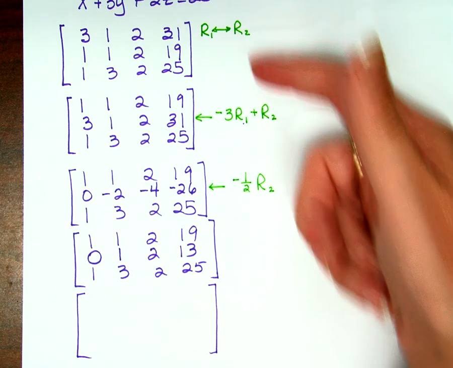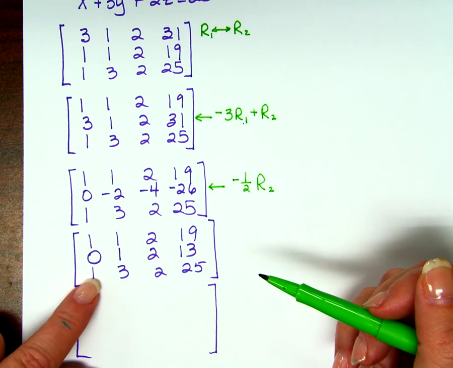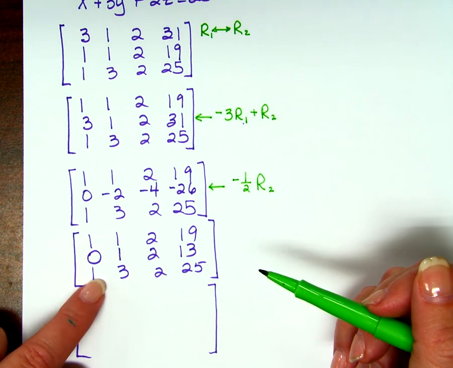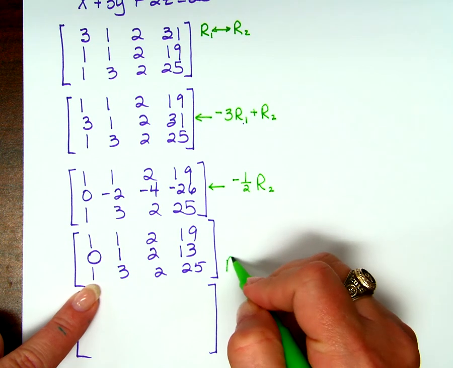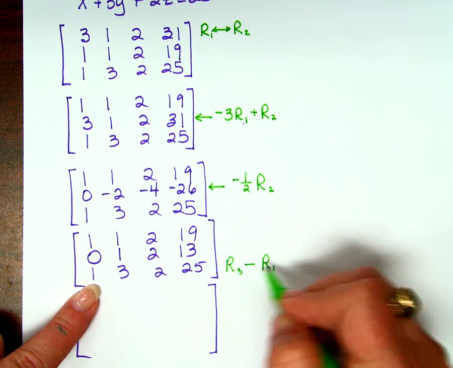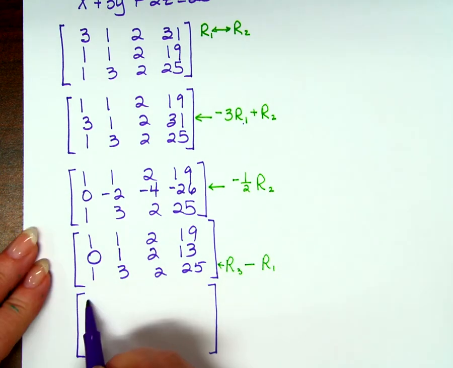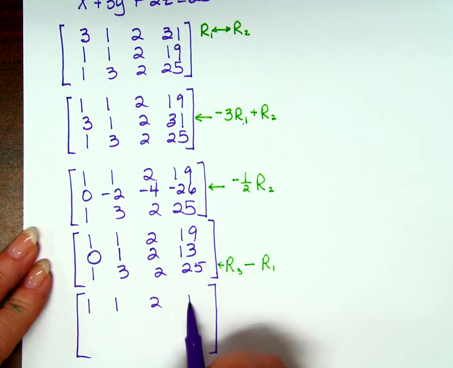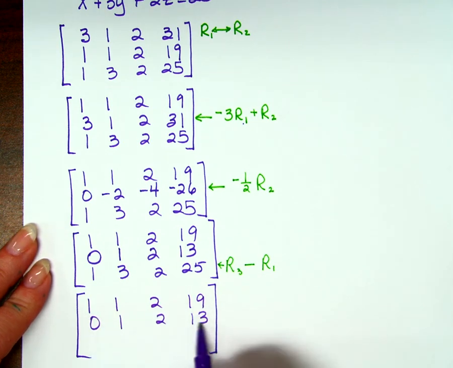Now that you've seen some of the steps we can do, what does this one need to be? A 0. What if I take row 3 and subtract row 1? Can I do that? So row 1 is going to stay the same, and row 2 we're going to stay the same, both of these.